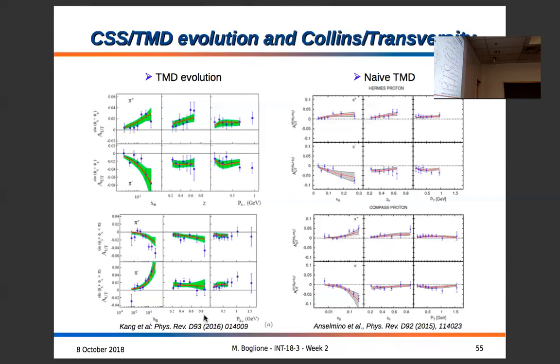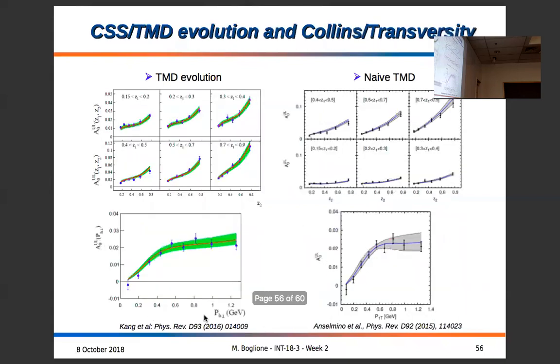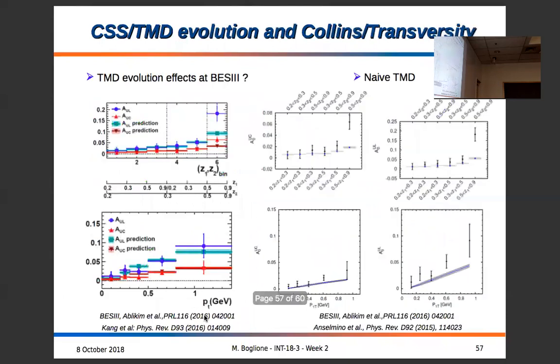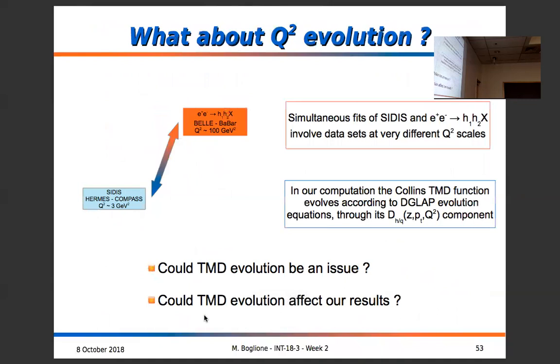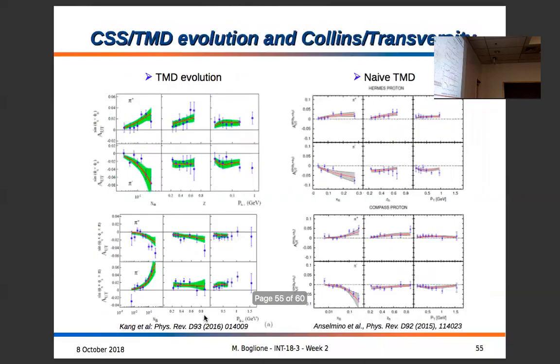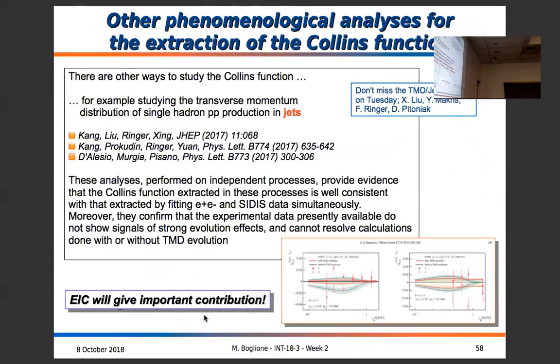You see that the description of the data is basically of the same quality, and this also works for all of the asymmetries, and also in the comparison of the BaBar data to the Belle data, in which the gap between the values of q-squared is really large, because Belle is at q-squared of around 100, whereas BaBar is around 10. So no strong signal of TMD evolution in the Collins functions as well.